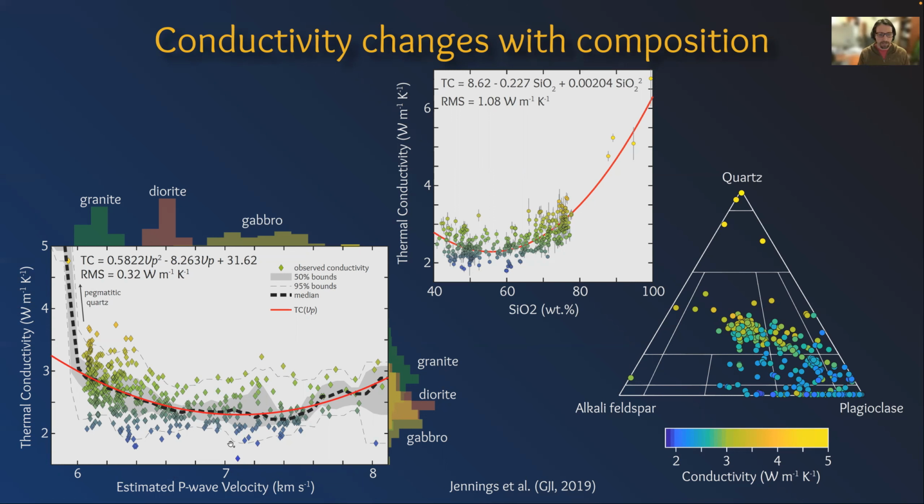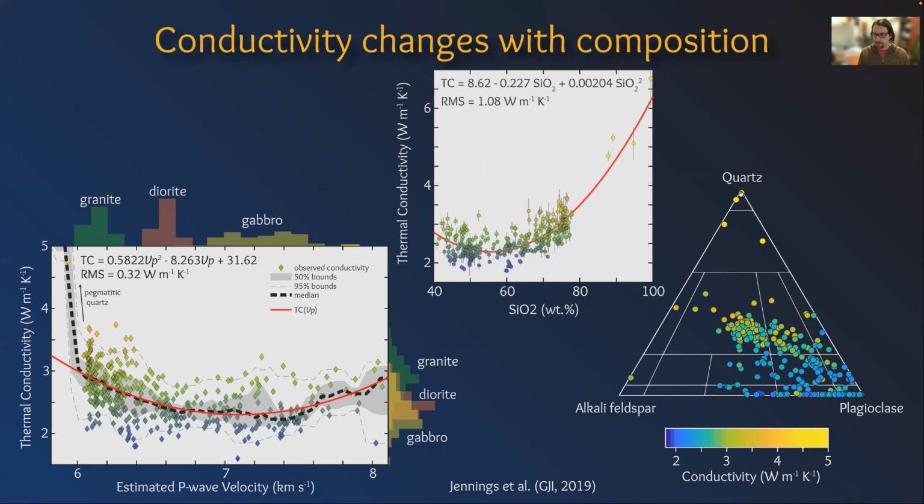Now, there are a lot of rocks that might be in this mix that aren't necessarily common in nature. But if we know a little bit more about the crust that we're investigating, we might be able to improve these models further. For example, the thermal conductivity is strongly correlated with SiO2. So if we know how enriched the crust is in SiO2 at different depths, we may be able to better predict thermal conductivity.